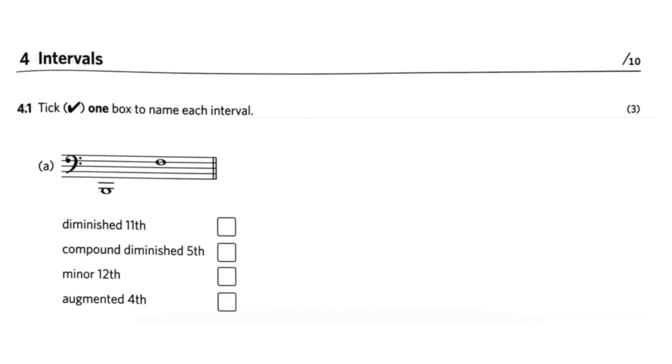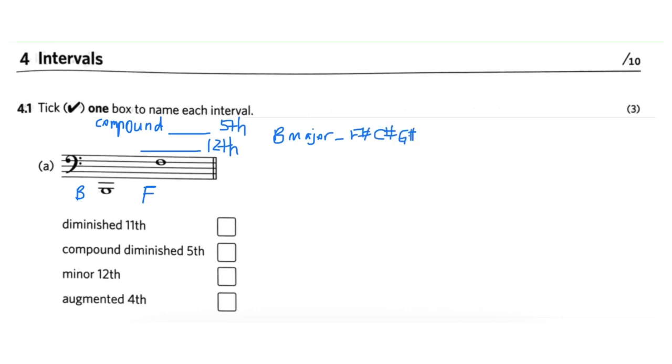First, we must read the note name correctly. In here, this is the bass clef, so the 2 notes are B and F. And now we'll have to write down the number interval. So the interval will be a compound fifth, or a 12th. To find out the interval, we must base on the lowest note and its major. So we look for B major, and the key signature is F sharp, C sharp, G sharp, D sharp, and A sharp.